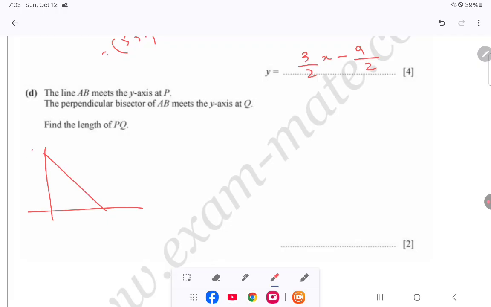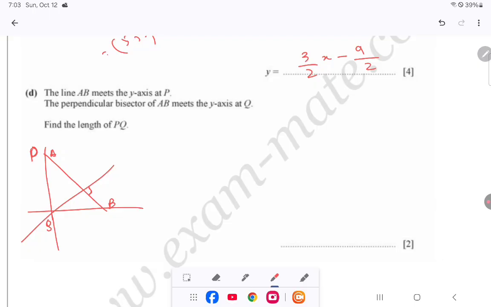This is our P, this is our Q, and it makes a 90-degree angle with the perpendicular bisector of AB.